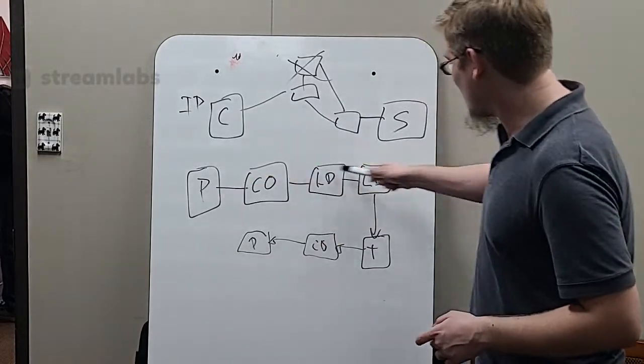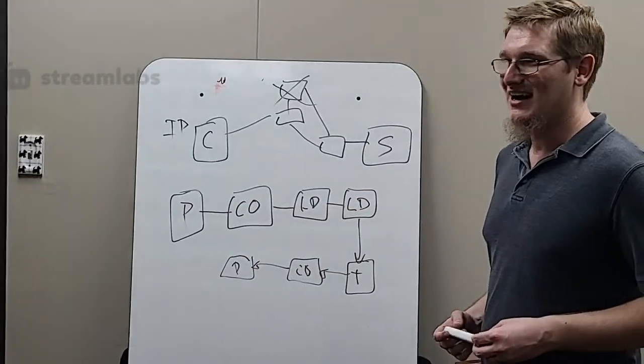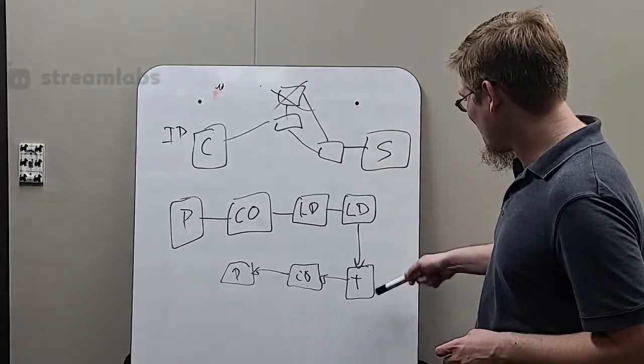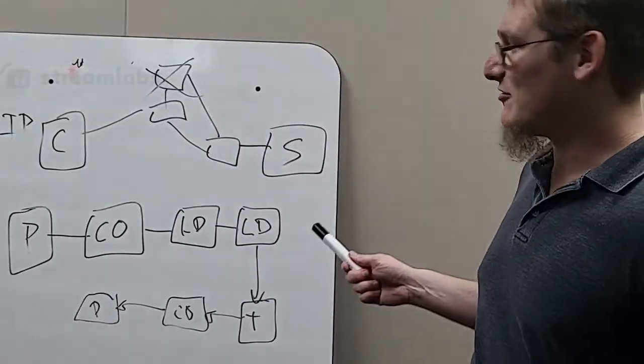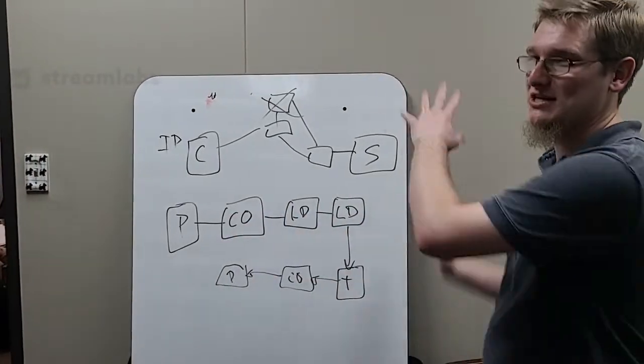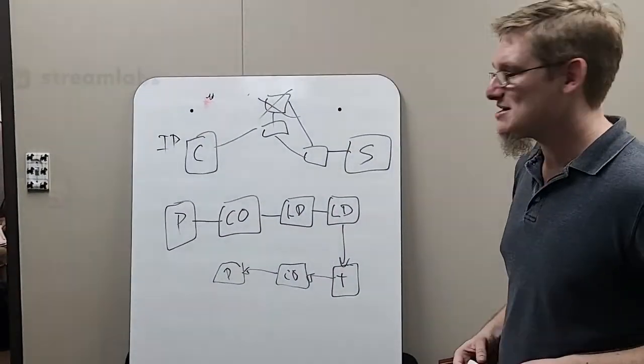You'll note there is no redundancy here. If any one of these COs or long-distance switching centers encounters a problem, the network actually has to have control actions taken to reconverge it and to move the traffic around.